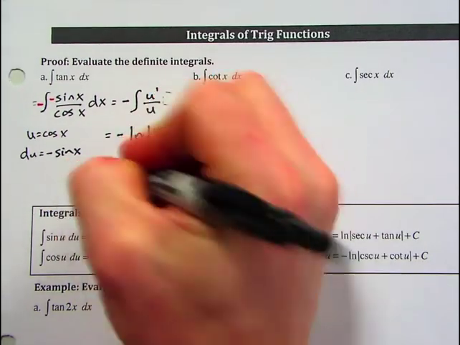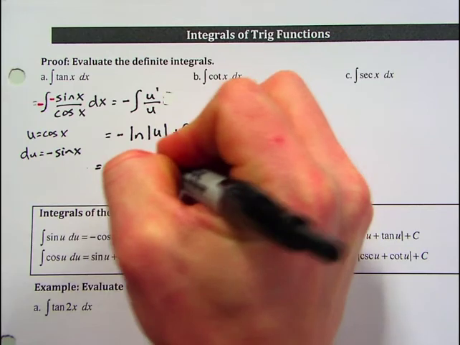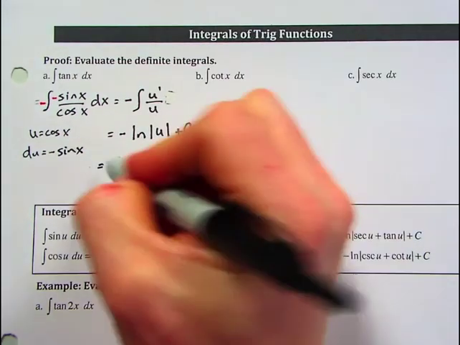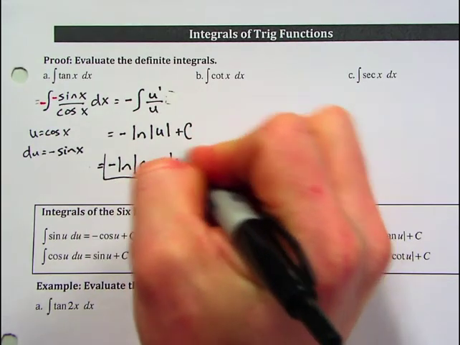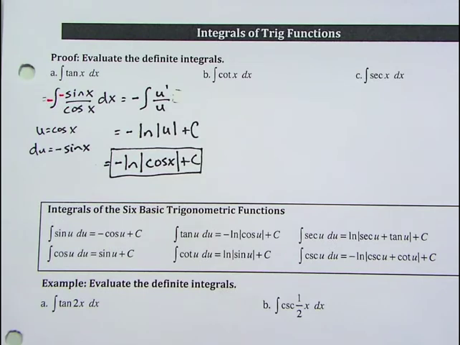So this is negative natural log of the absolute value of cosine x plus c. It almost seems fake, huh? Because we have the natural log, now we can find the integral of the tangent function, which is very exciting. And you can see that one right down here listed for us.